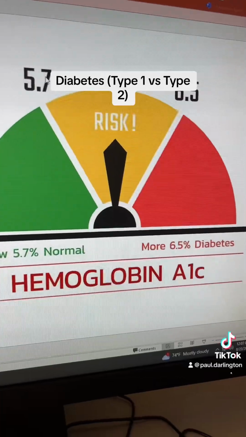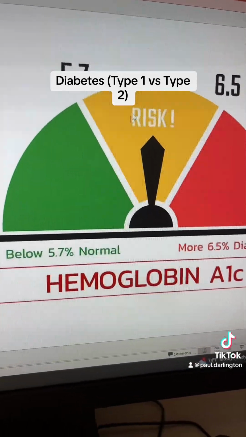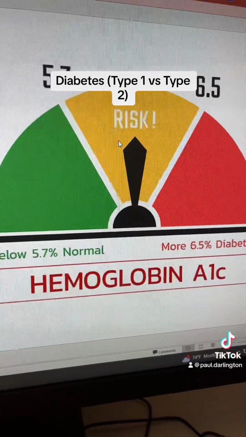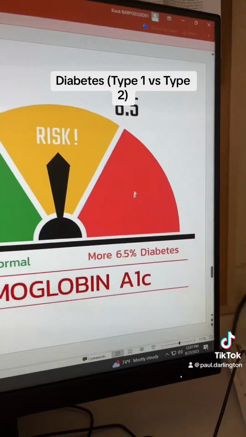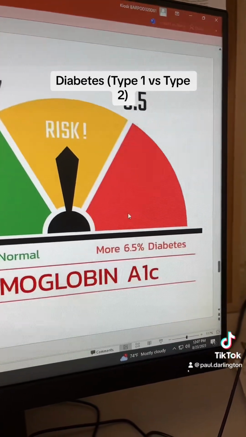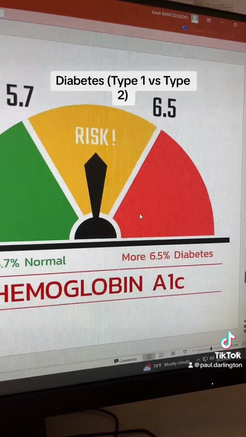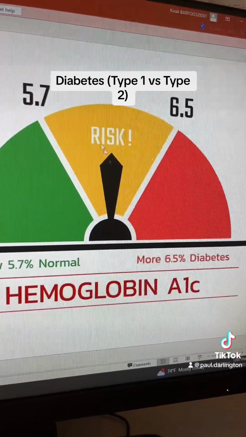If you are below 5.7%, it's normal. If you are between 5.7 and 6.5, you are at risk for diabetes. You are pre-diabetic. Anything over 6.5 is diabetes. So make sure you know your A1C. Every time you go to your primary care doctor, make sure you know your status, okay?